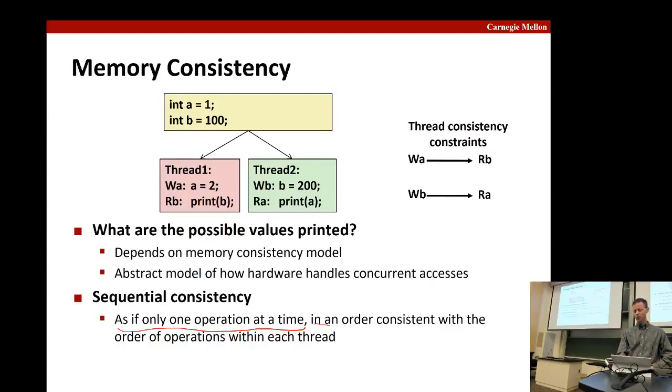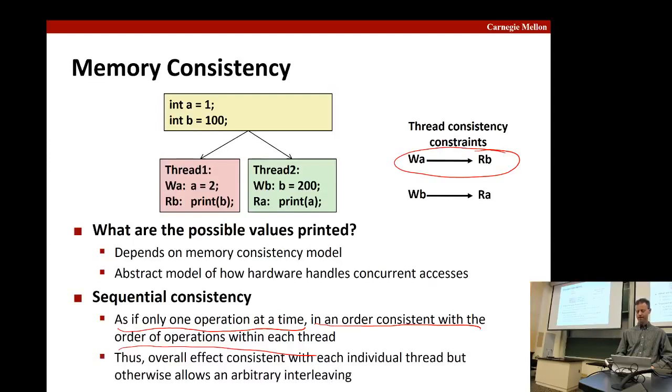And that has to be in an order that's consistent with the order of operations in each thread. But otherwise, given that thread 1's operations have to be in order and thread 2's have to be in order, the shuffling of the deck can be any which way. There's no restrictions on how those can be shuffled.